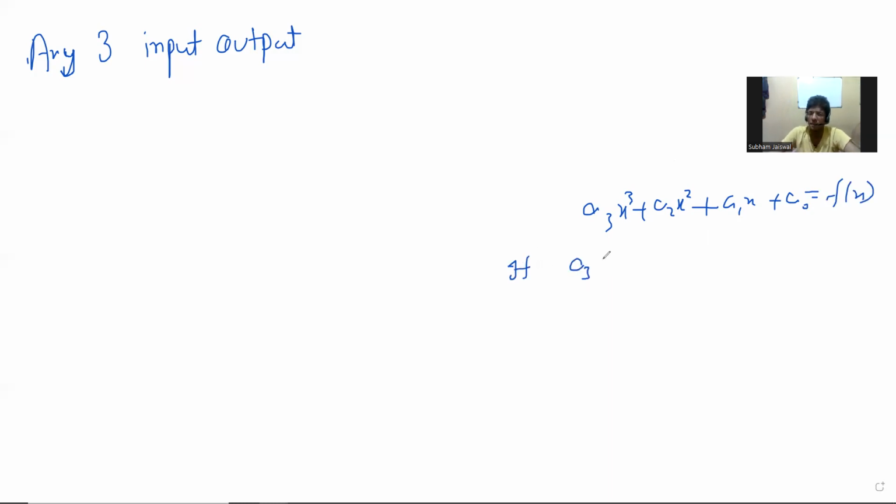If A3 is positive, that implies that f of something, there was some large m for which it is positive. What does it mean? It means A3 cannot be positive. Similarly, it cannot be negative. So it implies A3 is 0. Once you prove A3 is 0, then it's induction. You see, in this way, you can even go for n degree and you can do the same argument.